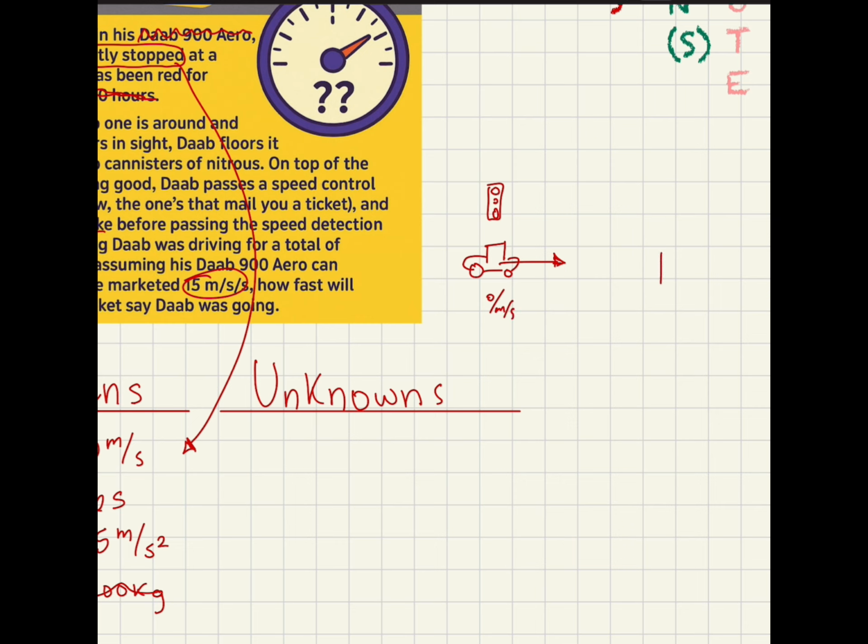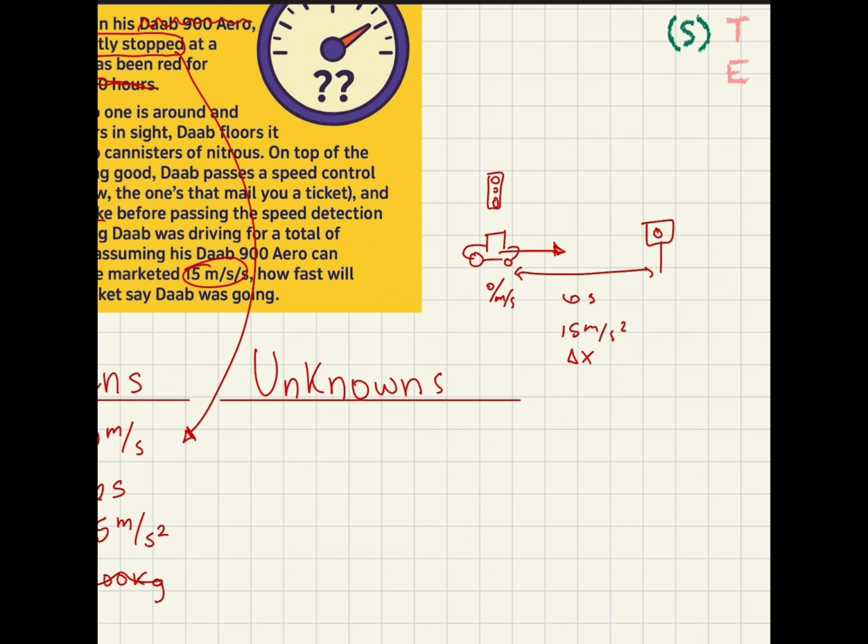And then let's say we have our speed detection device here, and 6 seconds passes between this, and I'm accelerating at 15 meters per second squared. Do I know how far? No, I don't, right? I do not know how far it is between the speed detection device and the stoplight. I could probably figure it out, but I do not know, right?